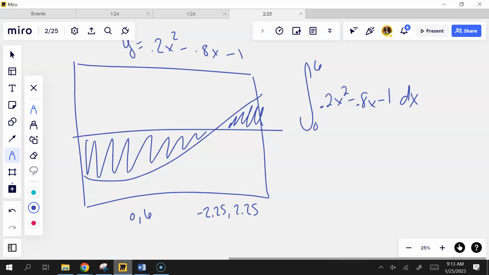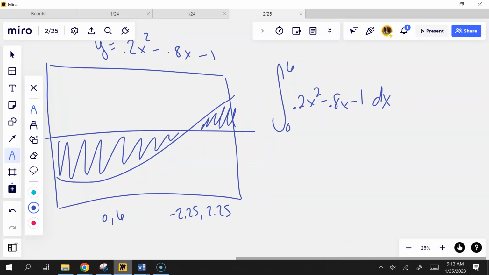Okay, so you could have done antiderivative and you would have gotten the right thing. It was just that this was a calculator problem and it said I could use the calculator for it, so I didn't. But if you did it, you would have 0.2 over 3 x to the third.